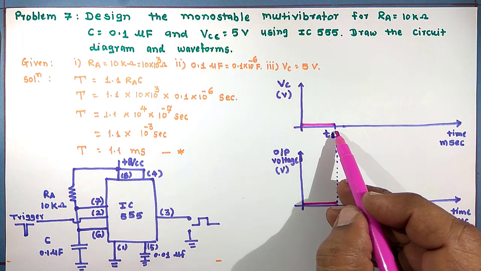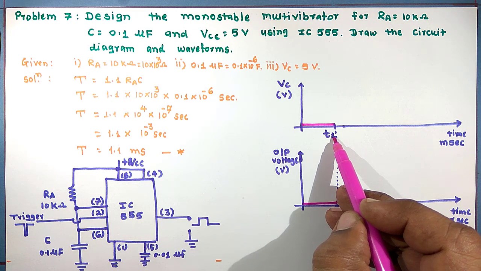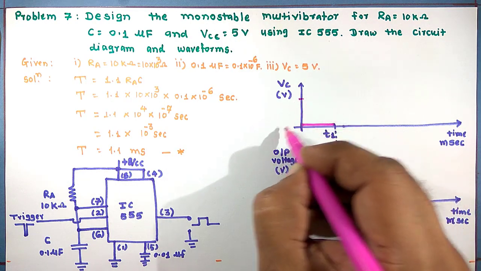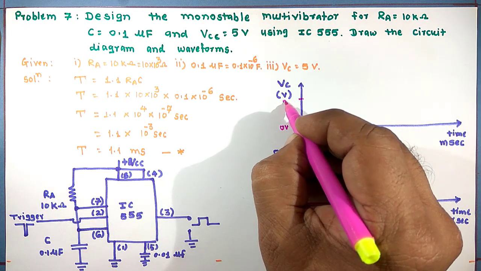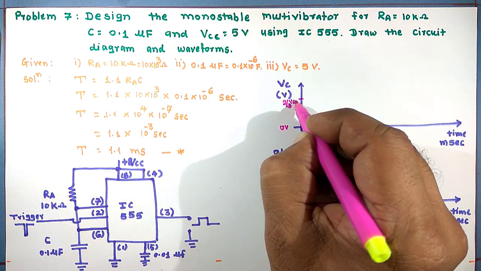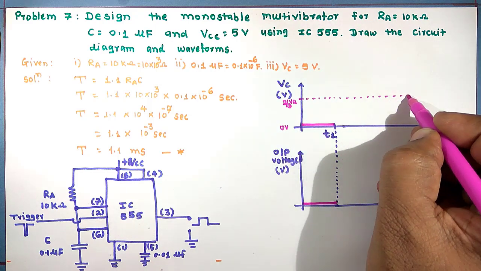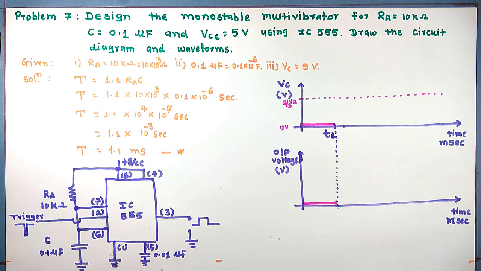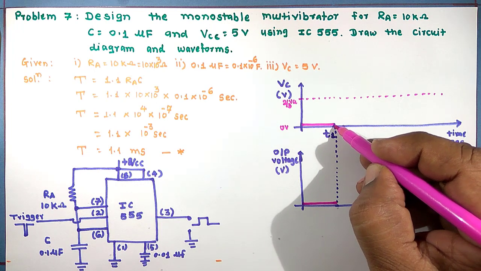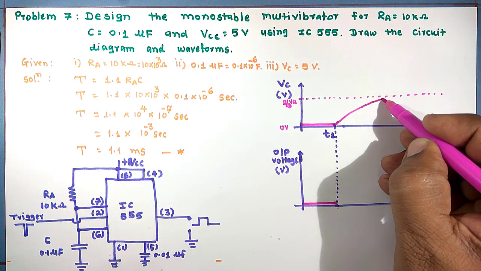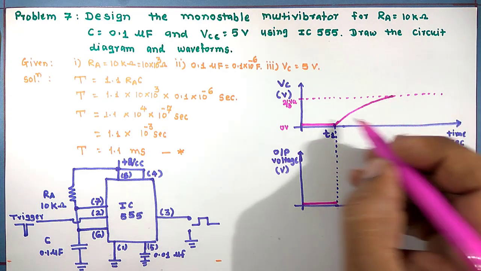When triggering pulse arrives at time t1, capacitor starts charging from 0 volt to 2/3 VCC. This is say 2/3 VCC. So capacitor starts charging over here and reaches 2/3 VCC.